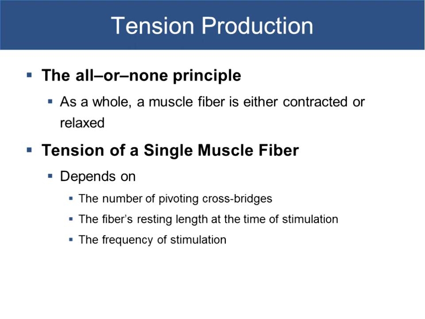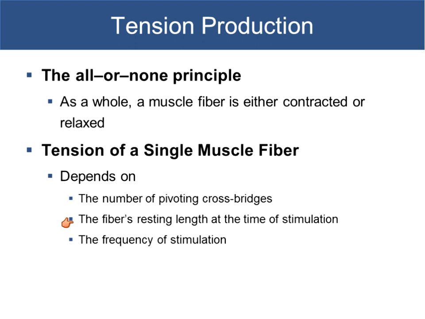The tension of a single muscle cell is going to depend on a couple of things. First of all, it's going to depend on how many cross bridges were formed. How many places did myosin interact with the active site on the G protein, or F-actin or G-actin? How many times or how many places did that happen? It's also going to depend on what the resting length was at the time of stimulation.